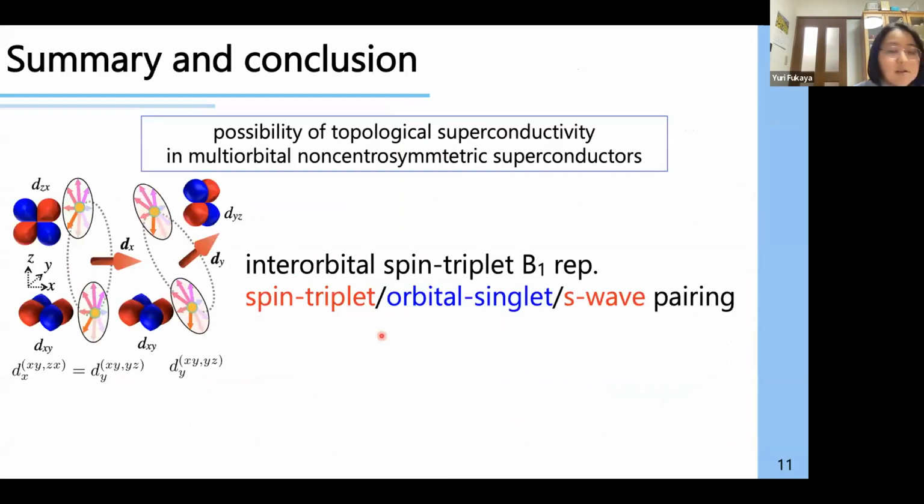Finally, summary and conclusion. We show that topological superconductivity in multi-orbital non-centrosymmetric superconductors, such as oxide interfaces, can be achieved.